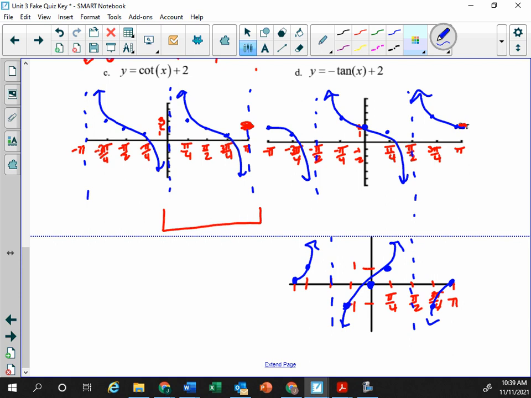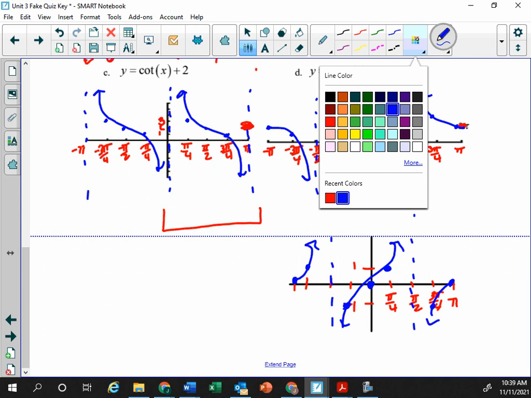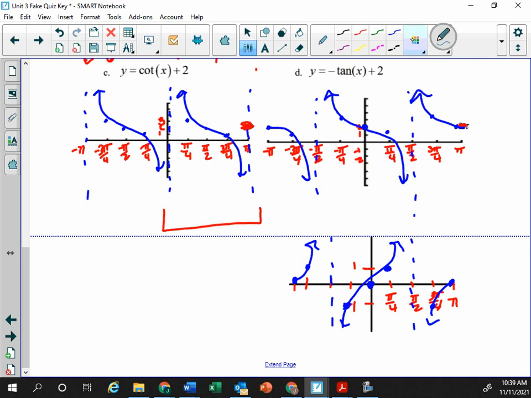The negative out in front is flipping it over the x-axis. So that is making it go this direction instead. It's making it go the direction of cotangent. Okay, then the last piece is just to shift it up to. They stay in the exact same spot because flipping those doesn't do anything. Undefined is still, like multiplying that by a negative, it's still undefined.